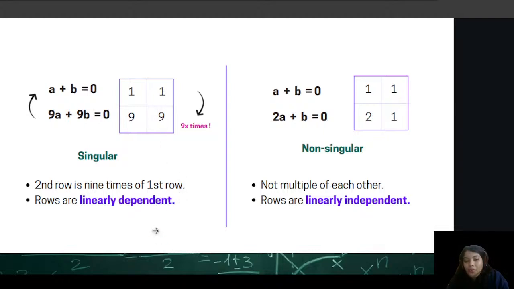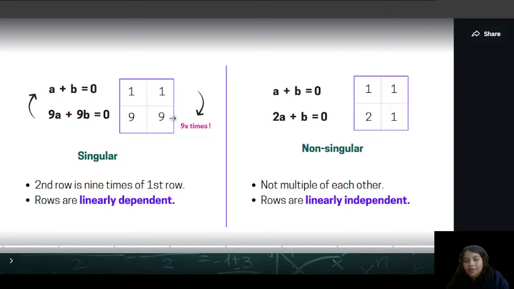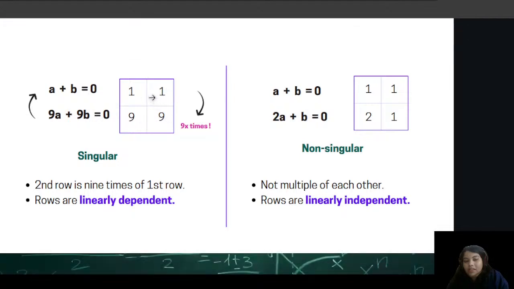So the rows are linearly dependent on each other, because if we divide the second equation by 9 we would ultimately get the first equation. It is generally the same thing.